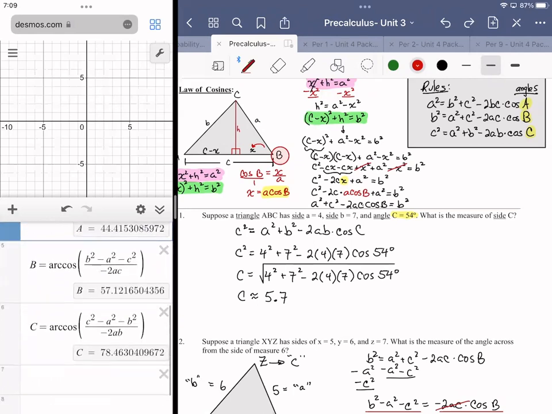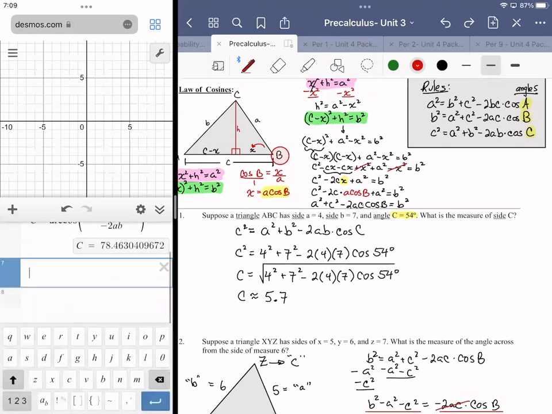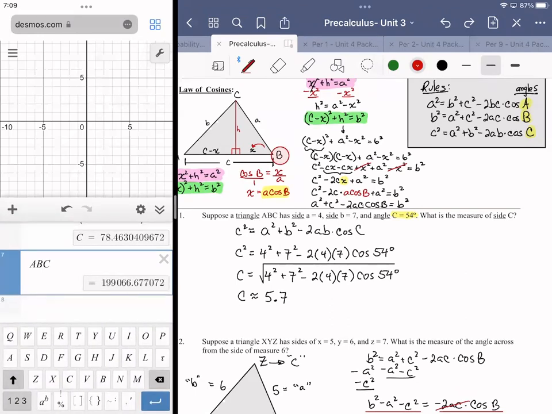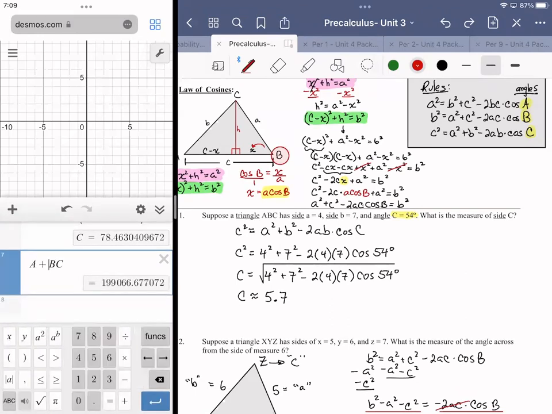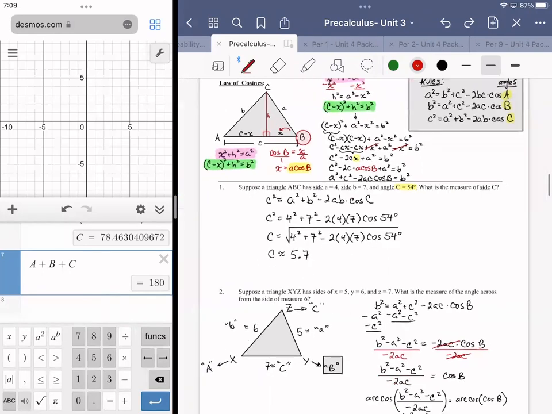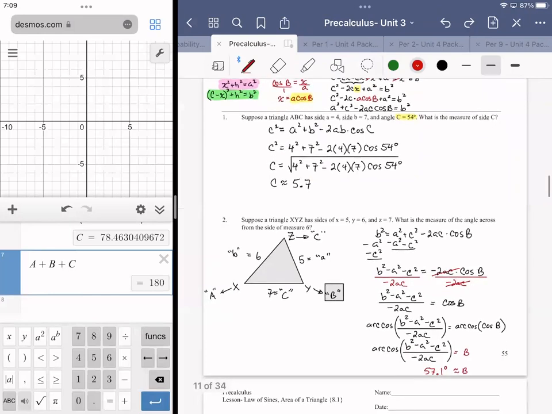All right. Now, if these three angles add up to 180, then we're in business. Angle A plus angle B plus angle C should equal 180 degrees because there's 180 degrees contained within a triangle. All right. So we're in very good shape here.